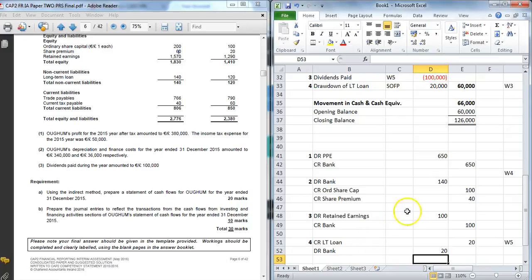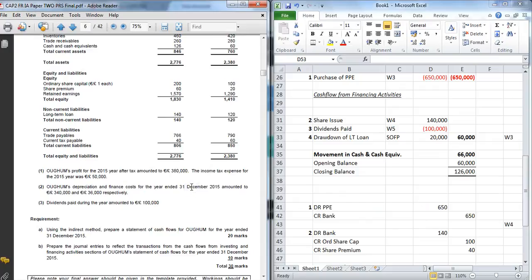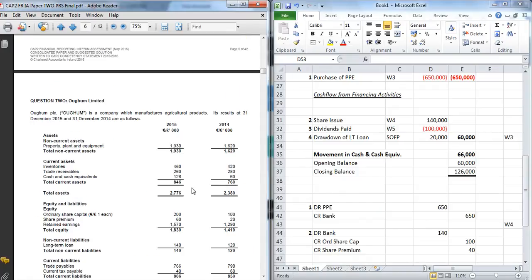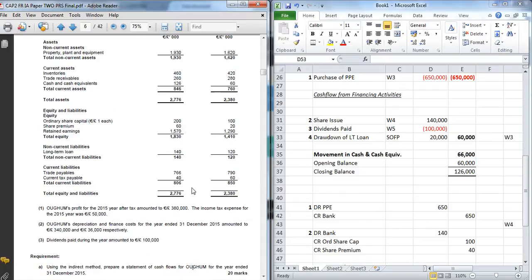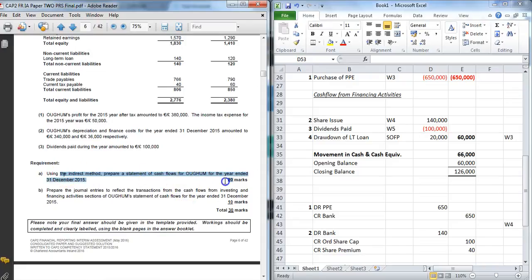So ultimately that is all the question 2 on May 2016. As I said, it was a variant of cash flow questions that have come before, where you're both asked to prepare the statement of cash flows on a standalone basis and also prepare some relevant journal entries.